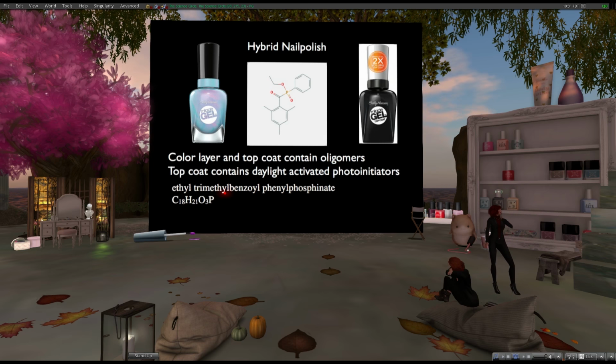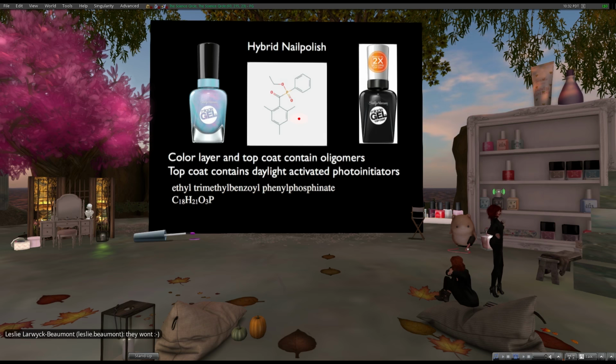Well, recently there's been a new advance, and the advance is called a hybrid nail polish. Sally Hansen is one of the first ones to have this. It's got a color layer which contains the oligomers, the medium length chains that are going to polymerize. And the top coat only contains the photoinitiators, but they managed to find a photoinitiator that would cure in visible light.